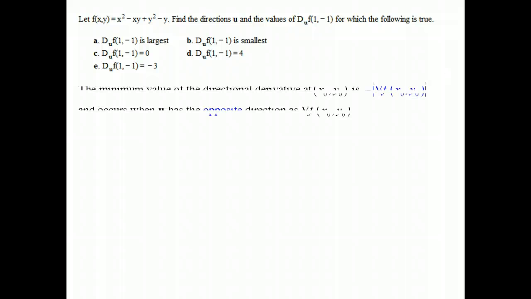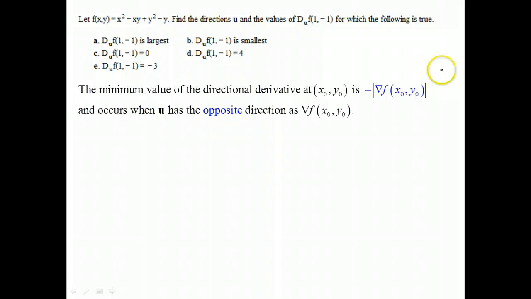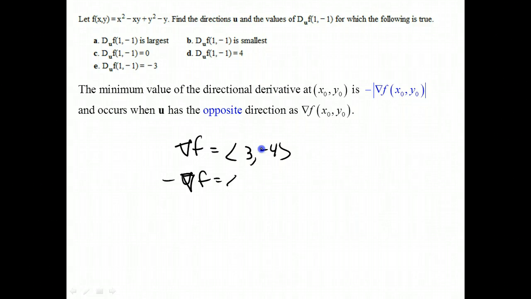Now part B. Smallest. Well, that's going to be in the opposite direction of the gradient. Now remember, the gradient was 3, negative 4. So opposite the gradient is going to be negative 3, 4.